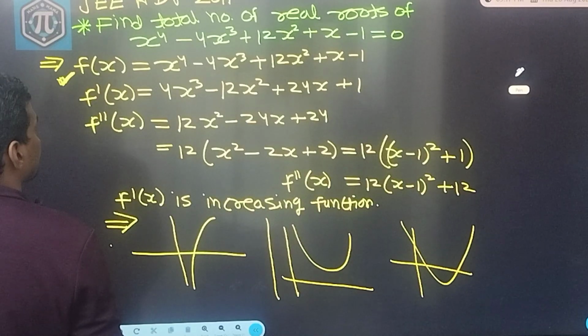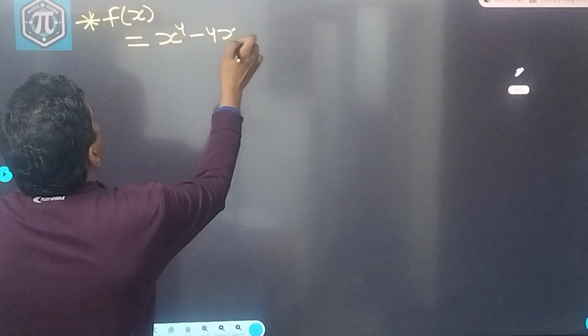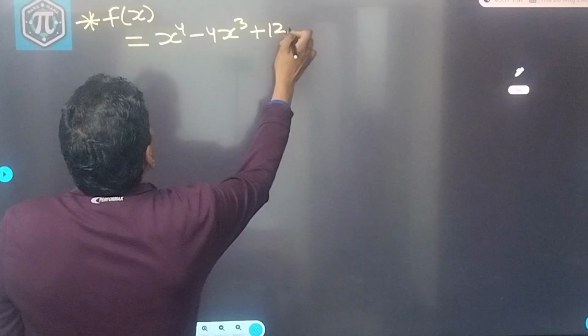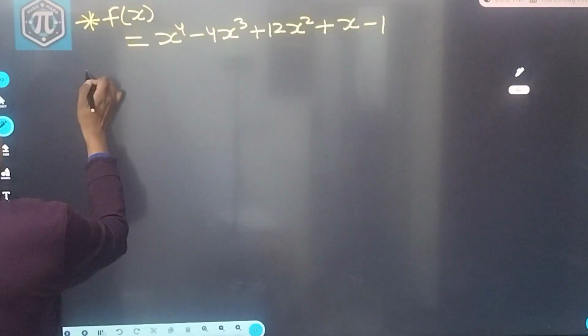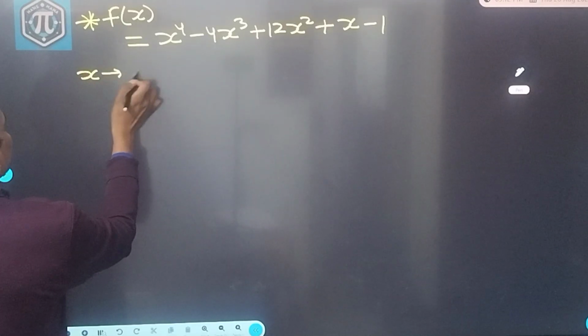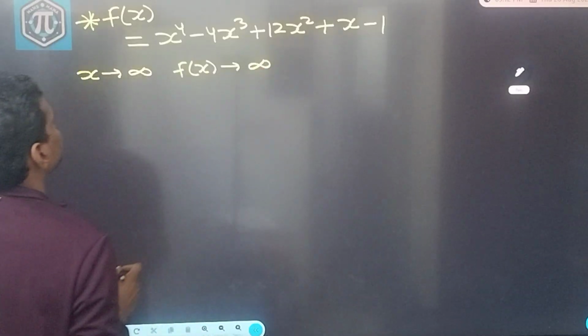F of x is x^4 - 4x^3 + 12x^2 + x - 1. First of all, we are going to see that as x approaches infinity, f of x is also approaching infinity.